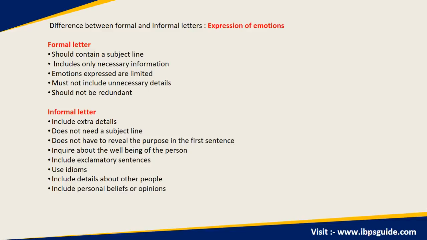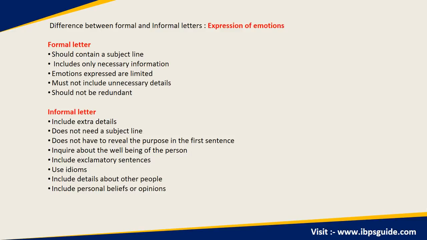Okay, finally, you can include personal beliefs or opinions. You can say things like, I think God blessed me with this opportunity. And it's fine because it's an informal letter. You shouldn't be saying things like that in a formal letter. But in an informal letter, there are no limitations.